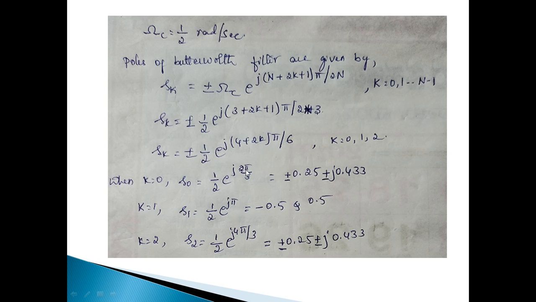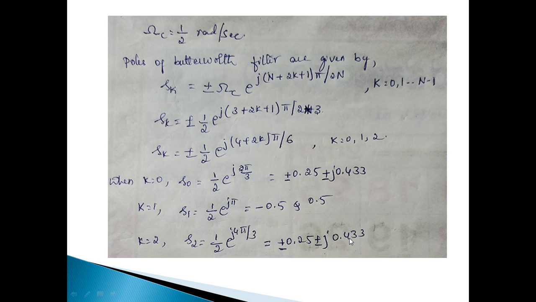So we'll get 2 pi by 3. The value will be plus or minus 0.25 plus or minus j 0.433. Again take k value as 1, and we'll get 1 by 2 e power j pi. The value will be minus 0.5. Then k value is 2, because we have a plus or minus here, that's why we are getting 2 poles here. Then s2 is 1 by 2 e power j 4 pi by 3. We'll get a value as plus or minus 0.25 plus or minus j 0.433.